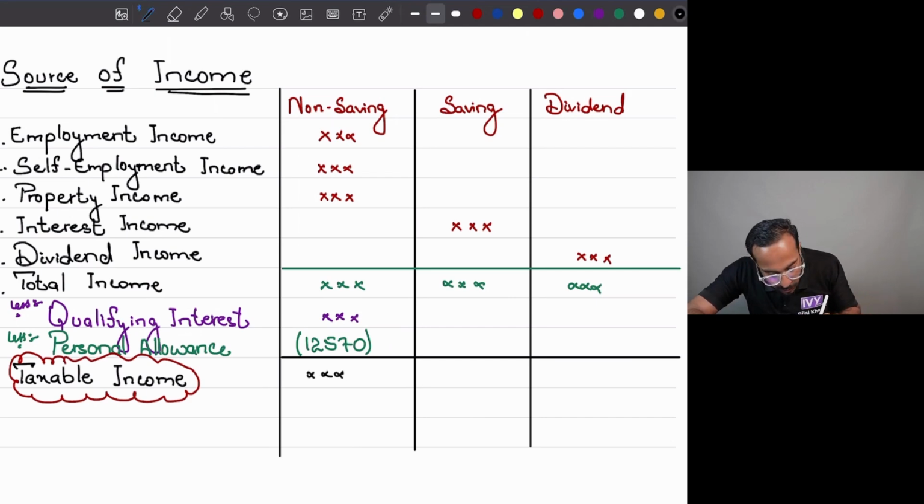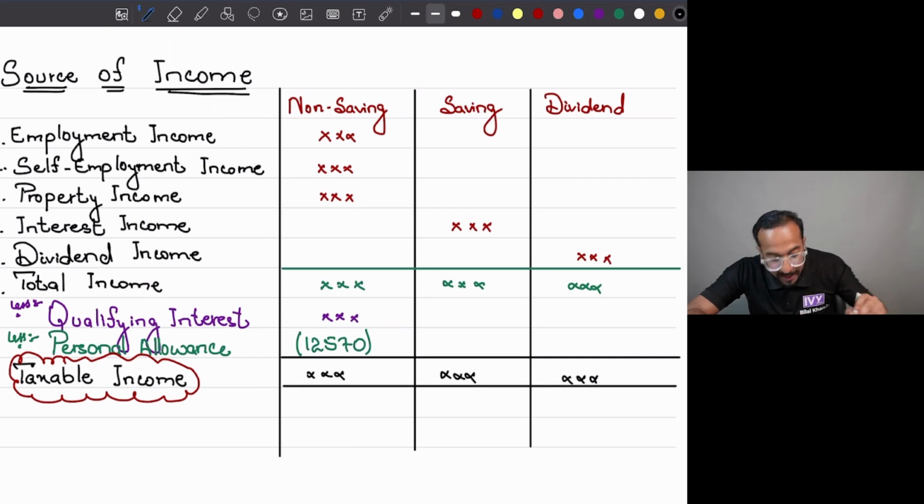After deducting this, you will get your taxable income. Taxable income means that you will have to pay tax on this income. I believe you know how to write the format.